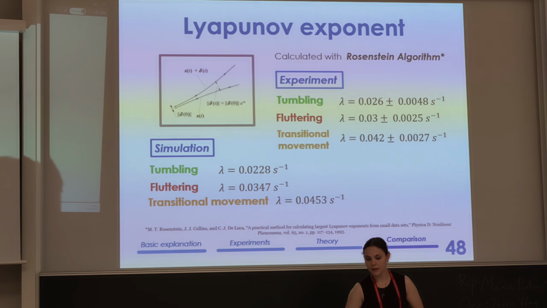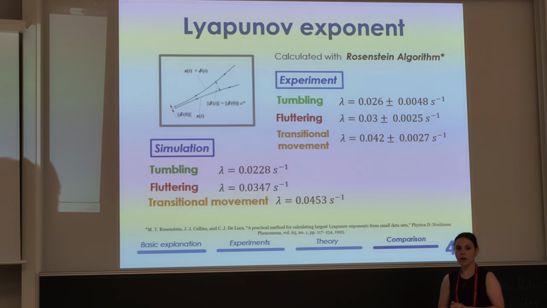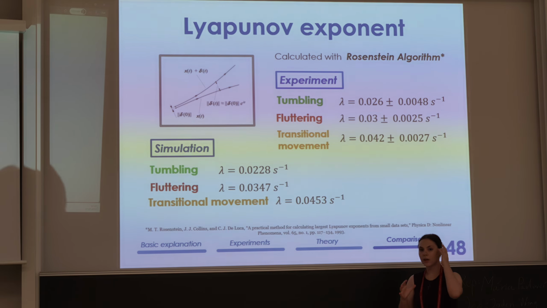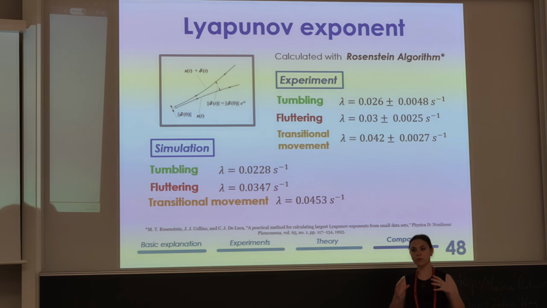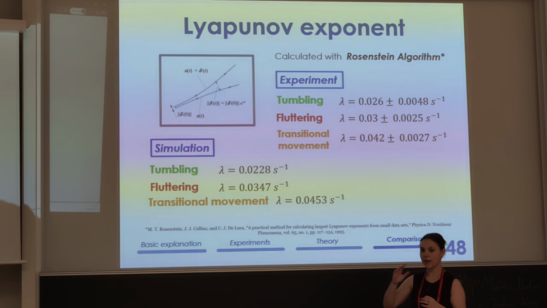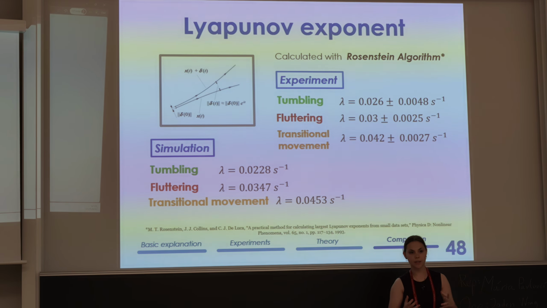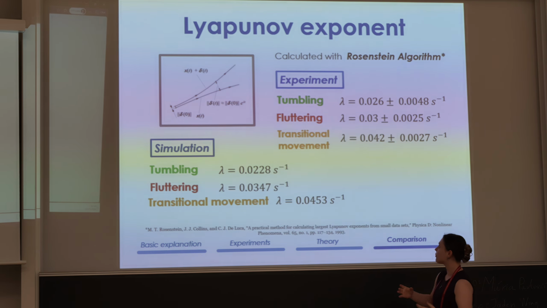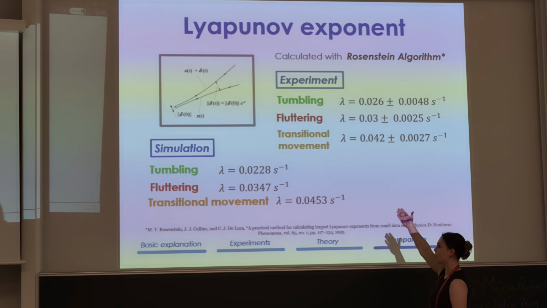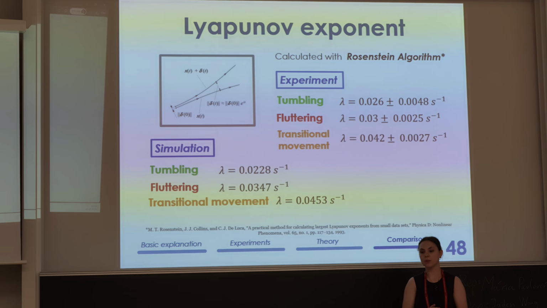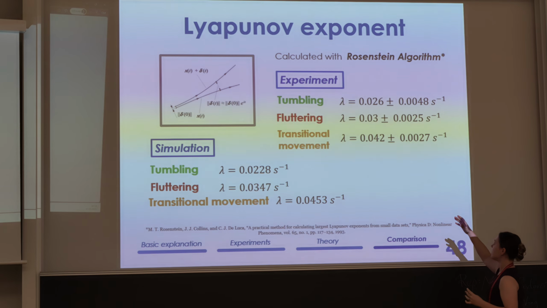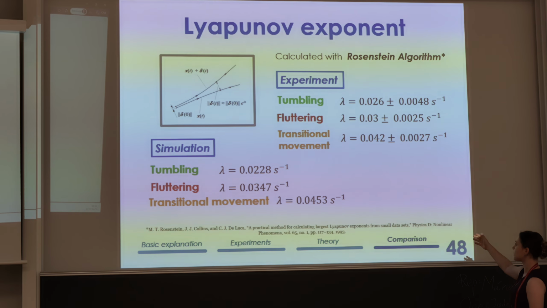So, as I explained before, we see some dependence on the initial angle. So it's pretty sensitive to this. This is why we calculated the Lyapunov exponent for all of the different modes of the motion. And we see that the Lyapunov exponent is positive.